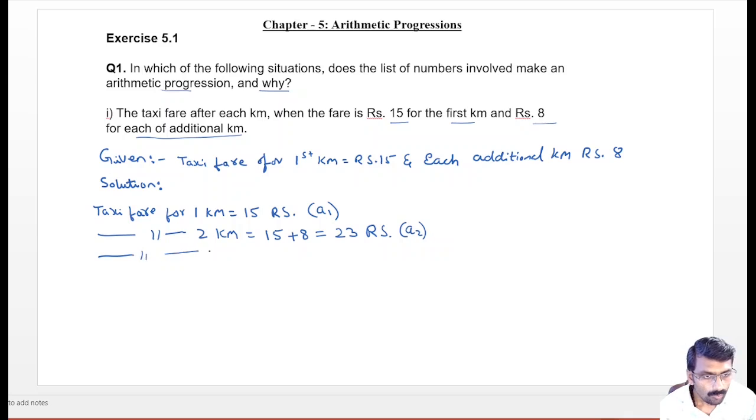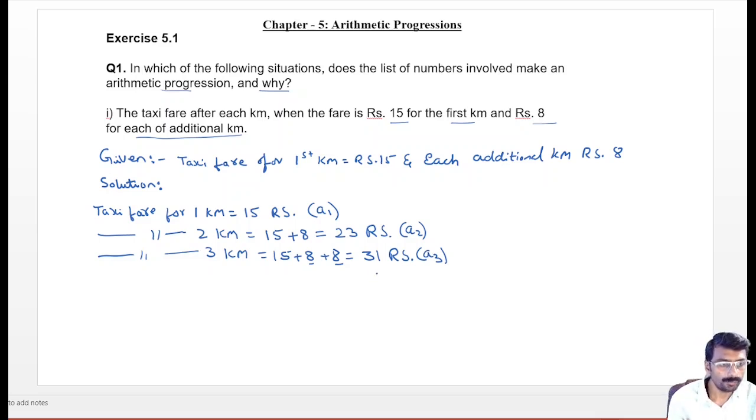Similarly, for 3 kilometers it would be 15 plus 8 plus 8, since it is 3 kilometers: plus 8 for the second kilometer and plus 8 for the third kilometer. This gives us 31 rupees. This would be our third term, A3.